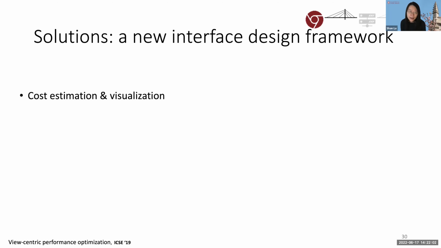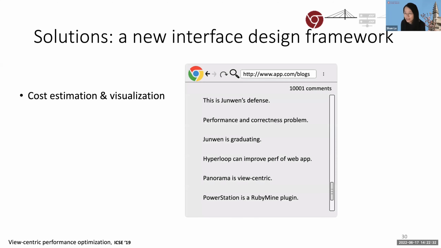So what we end up doing is, because we know we cannot do this completely automatically, we want to get developers' human opinion about whether they like this trade-off between interface change and performance improvement. So instead, the first component of this tool, which we call Panorama, is a database-aware cost estimation and visualization.